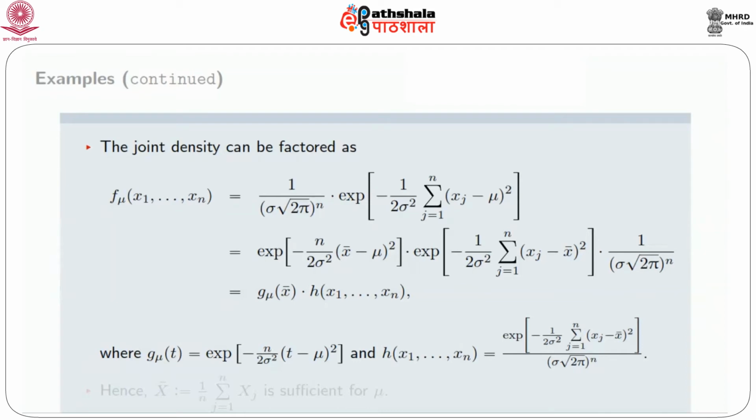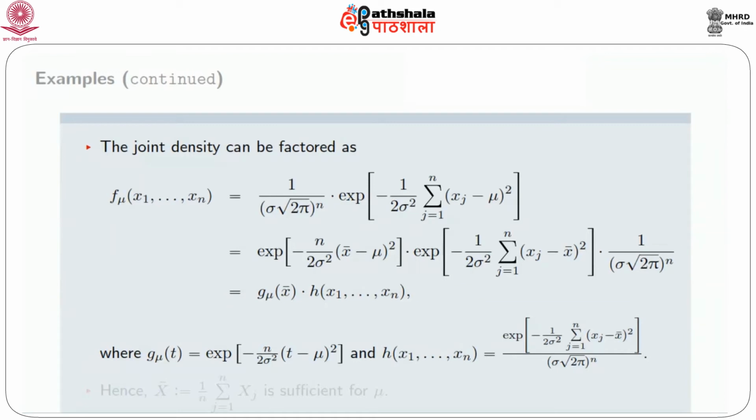If we adjust x_j minus x bar plus x bar minus mu, then we get e to the power minus n by 2 sigma squared (x bar - mu) whole squared into e to the power minus 1 by 2 sigma squared summation j from 1 to n of (x_j - x bar) whole squared into (1 by sigma root 2 pi) to the power n.